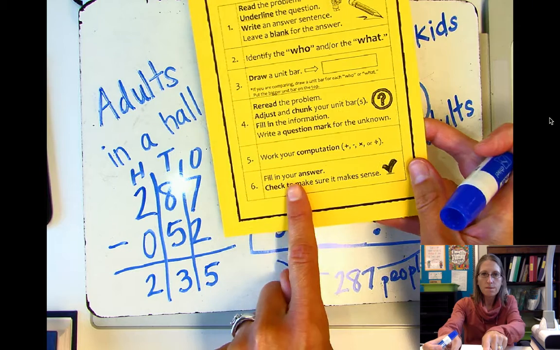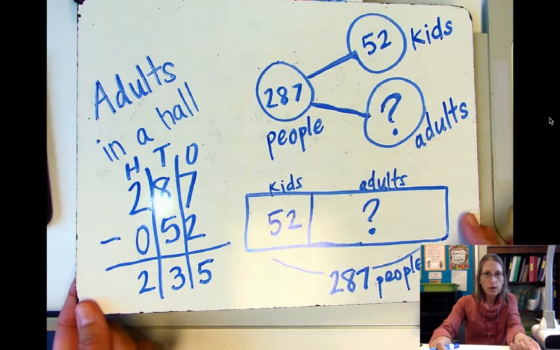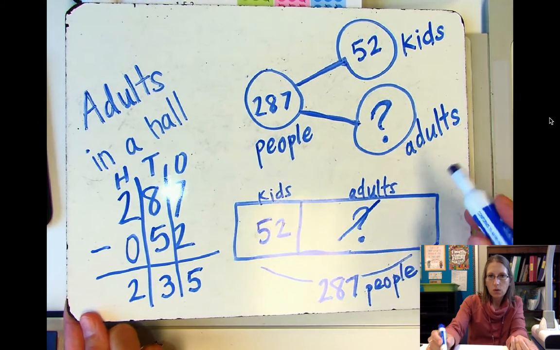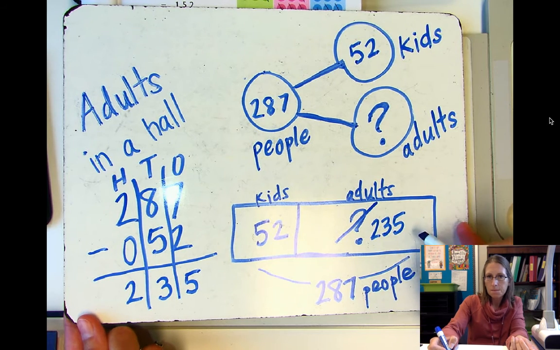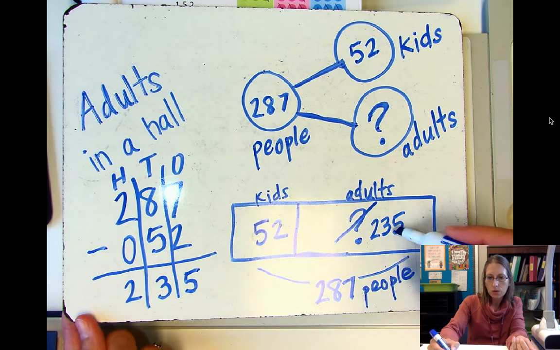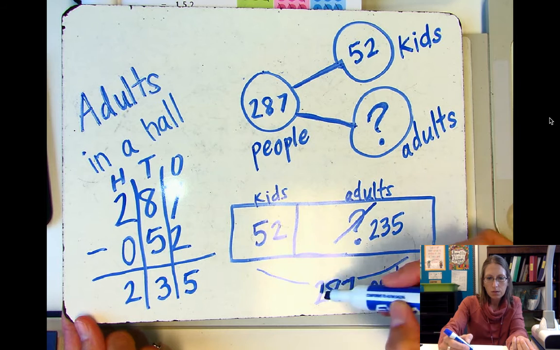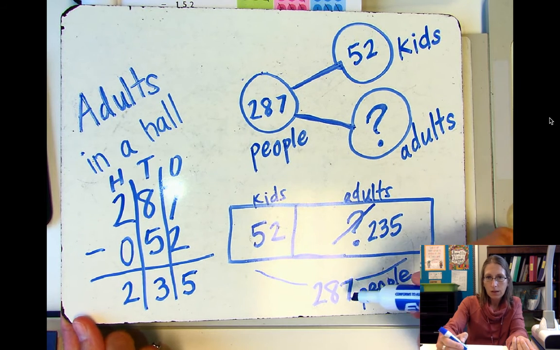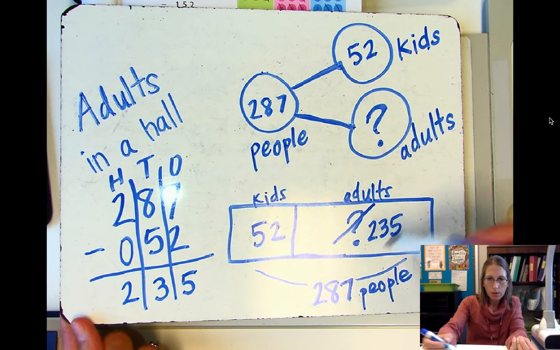and we fill in our answer, check to make sure it makes sense. So here's where we can go back, cross off our question mark, put in our answer, and see, would that make sense if there were 235 adults, 52 kids, 287 people? That looks right, because this part is smaller than the whole number.